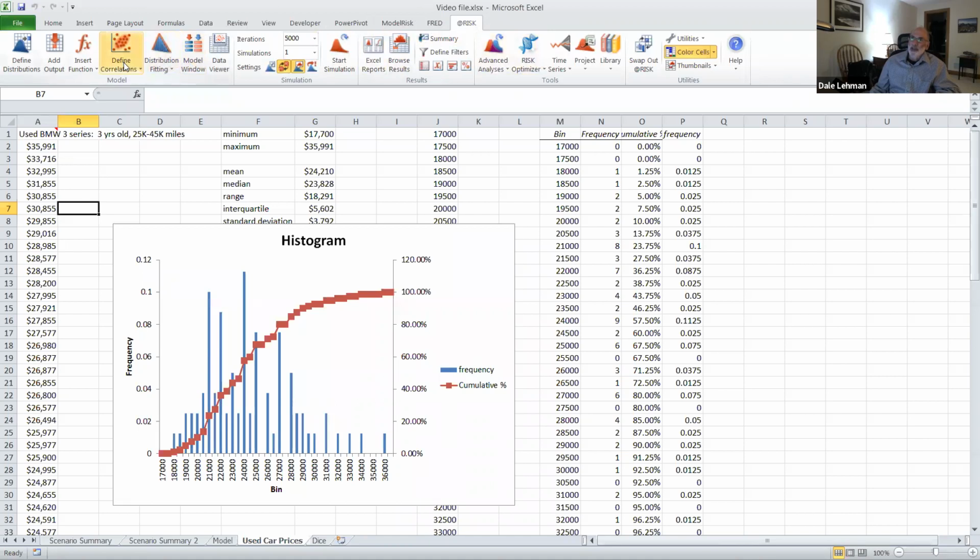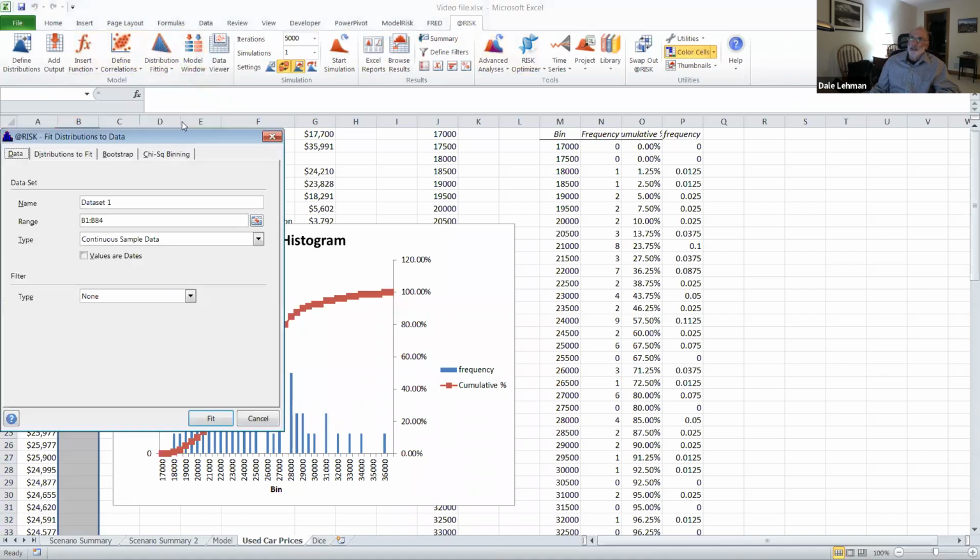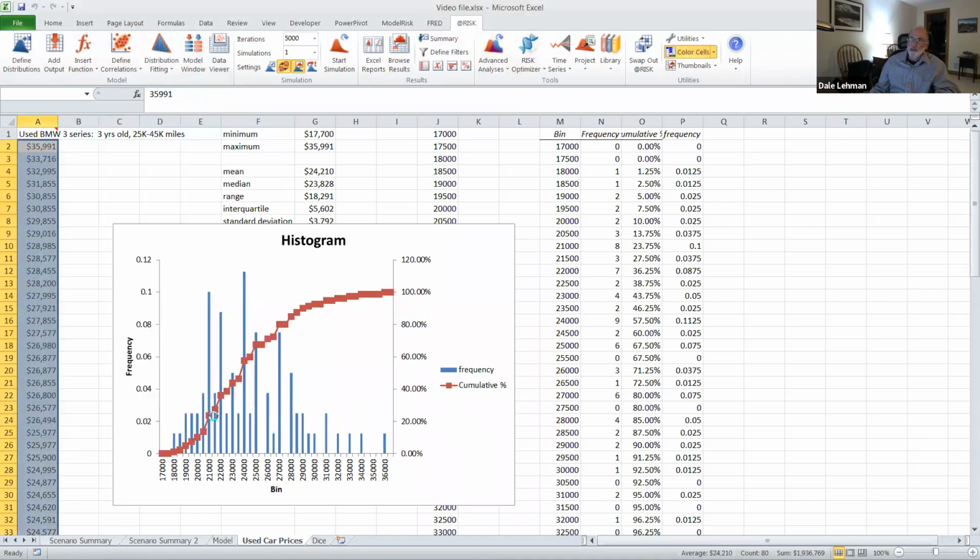@Risk has an option here for distribution fitting. Let's fit to used cars. Notice it highlighted my used car series because I gave that range name. Click Fit.